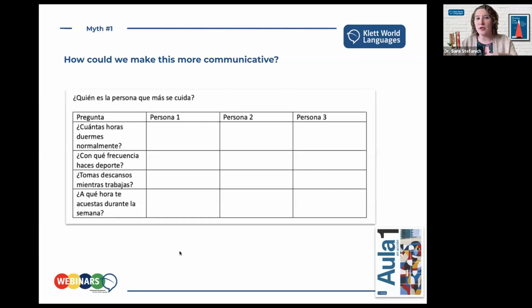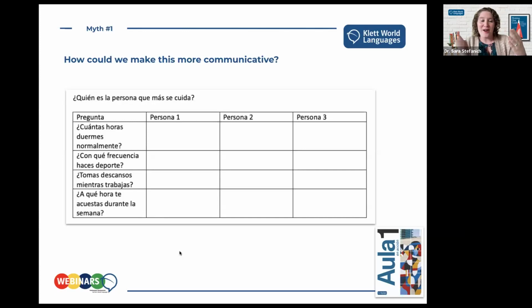How often do you engage in exercise? What time do you go to bed during the week? So the people being interviewed have to engage in some interpretation and negotiation because they have to provide an answer that makes sense, an answer that's logical. And the person doing the interviewing is also inclined to engage this way because they need to get good information from their classmates in order to answer this question.